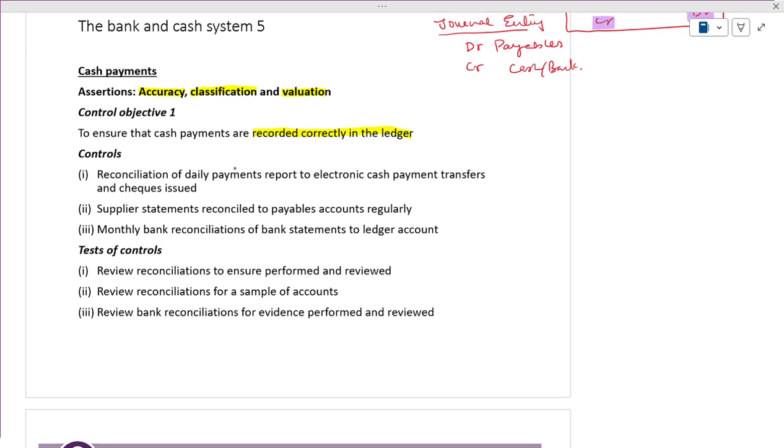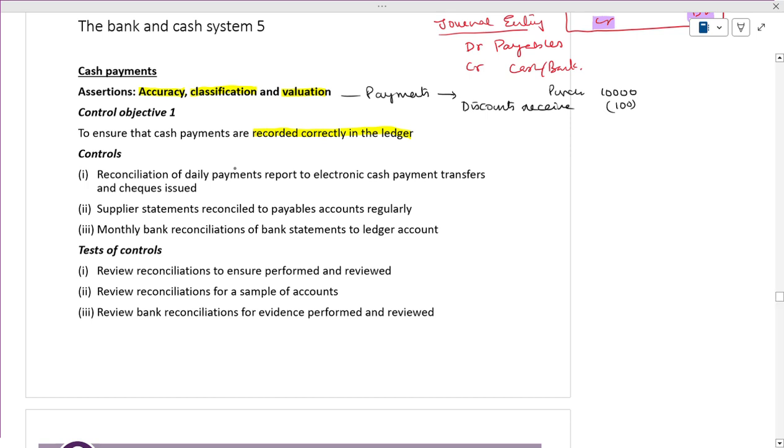Whenever you are talking in terms of payments, we will receive discount, discount received. Sometimes what will happen, you have made a credit purchase of 10,000, and you have received a discount of 100.